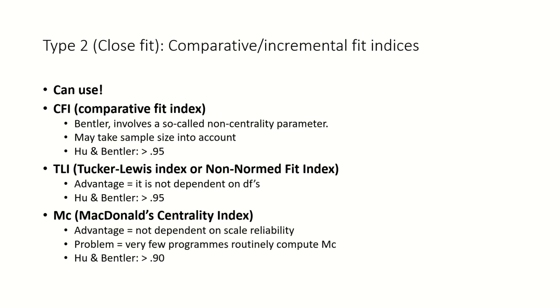The advantage of the CFI is that it may take sample size into account, so it is not as dependent on sample size as the chi-square. The fit index that most people argue indicates a well-fitting model is 0.95 or higher. A second comparative or incremental fit index is the TLI, the Tucker-Lewis index, or sometimes called non-normed fit index.